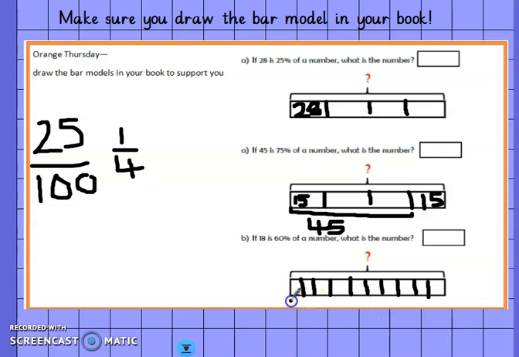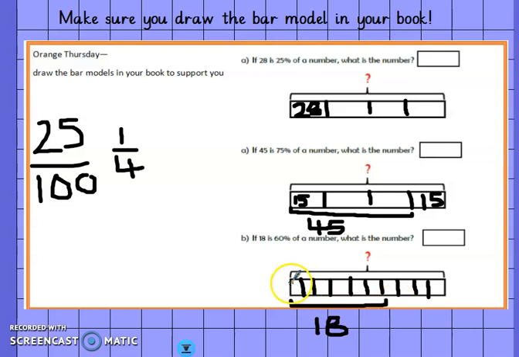Well done if you said it's 6. 3, 4, 5, 6. So 60% equals 18. So I obviously need to work out what the last 40% will be. To do this, I need to find out what 10% is. Now we know that 10% equals each of all these blocks, and we know that 18 is 60%. So I now need to work out what 18 divided by 6 would be to find 10%.